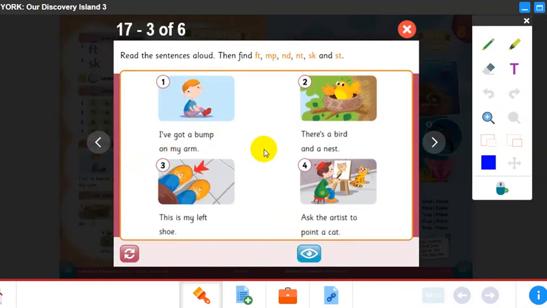Here we read the sentences under the pictures. Let me show you the consonant clusters or consonant blends. Here we have bump and nest, left, and here ask, and here paint, right?